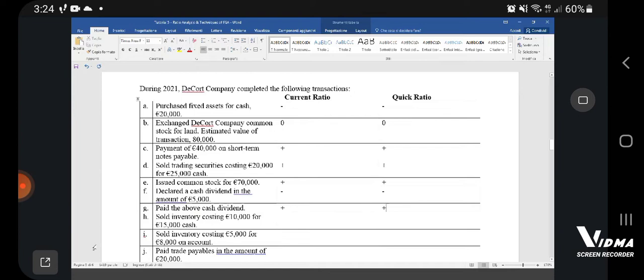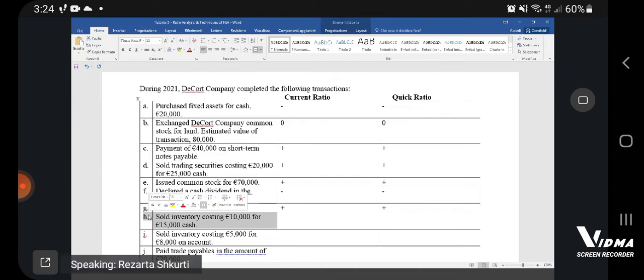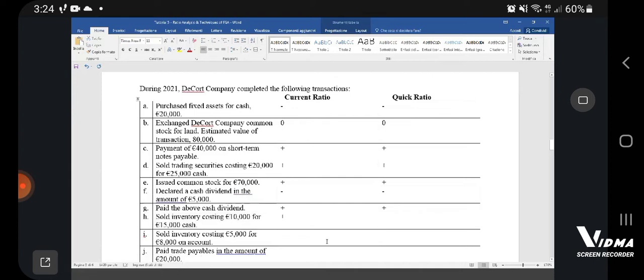Okay, sold inventory. The cost of inventory is 10,000 and it was sold for 50,000 cash. That means that the current assets after the transaction will be 5,000 euro higher than at the beginning. That means that the current ratio is increasing, right? Because the current assets are increased, we diminish the inventory with 10,000, but we increase cash with 15,000.